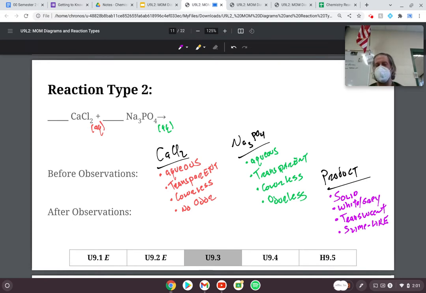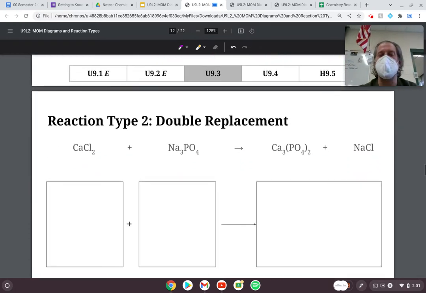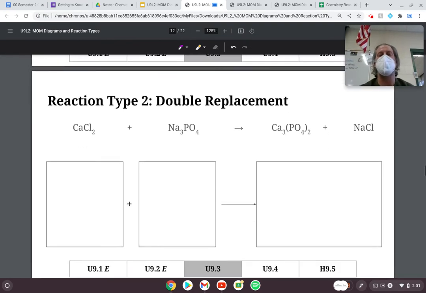So we have calcium chloride, which was aqueous and transparent and colorless. Sodium phosphate, which was aqueous, transparent, and colorless. And then we had this solid product that was produced. Okay. So this type of reaction is a reaction that we call a double replacement reaction.